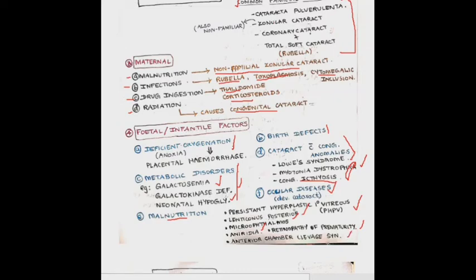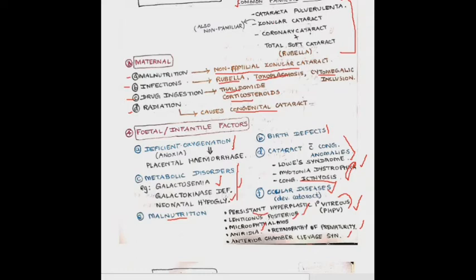First, persistent hyperplastic primary vitreous. Normally, in embryology, the primary vitreous is formed first, which is then replaced by the secondary vitreous. If the primary vitreous persists, it leads to a syndrome called persistent hyperplastic primary vitreous. Then lenticonus posterior, where the posterior surface of the lens takes the shape of a cone.